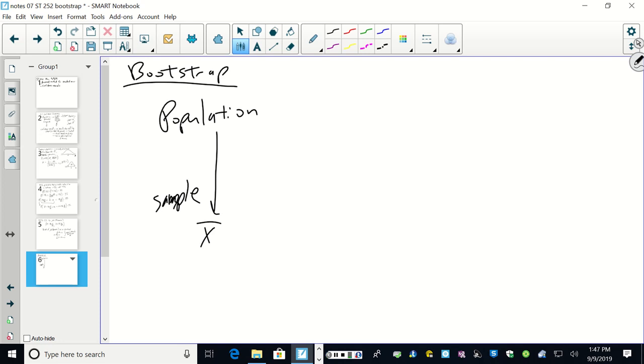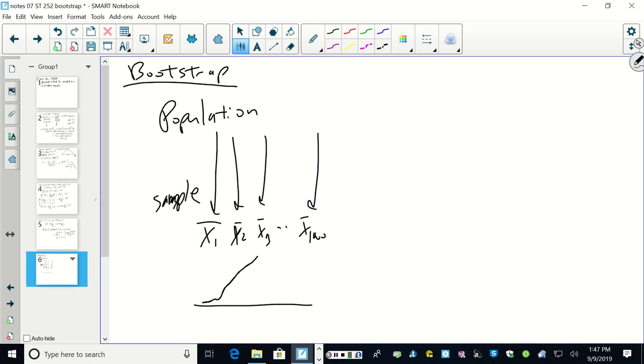We take the first sample, we could take another one, we could take a third sample. If we could do this 1,000 times, we could make a histogram of the X bars, and that would show us the sampling distribution. If you give me 1,000 different random samples, I could see how variable they are, what's the average of X bar across 1,000 samples, and so on.